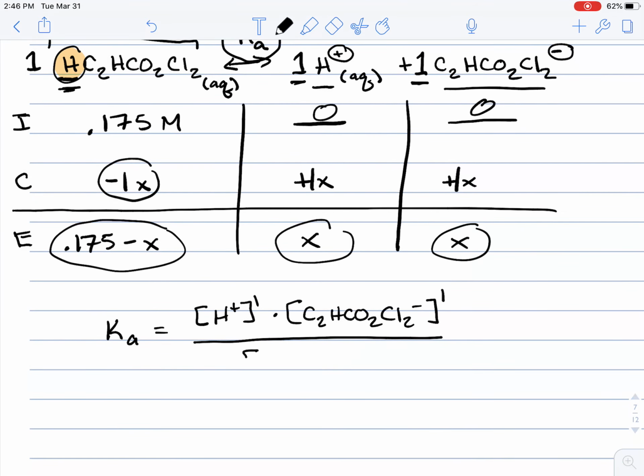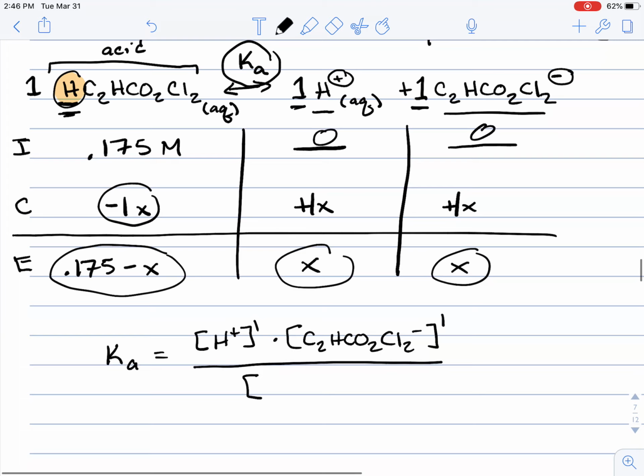Then last but not least, I'm going to put the reactant in the denominator. So this is going to be dichloroacetic acid, and once again, we're going to raise it to the first power.